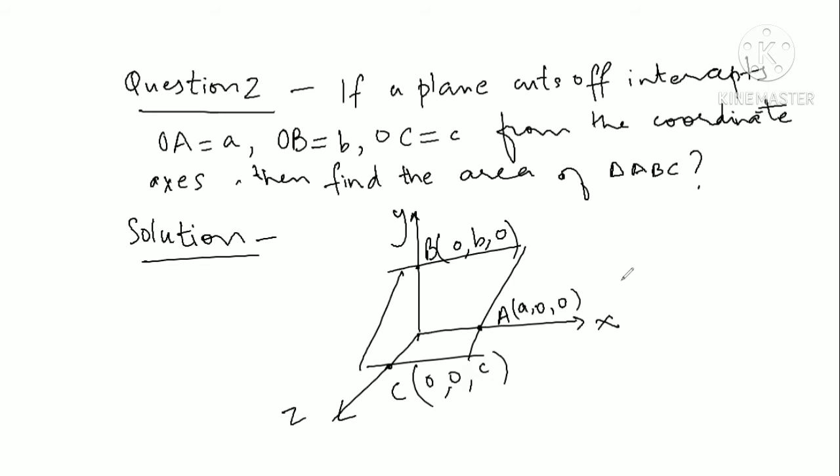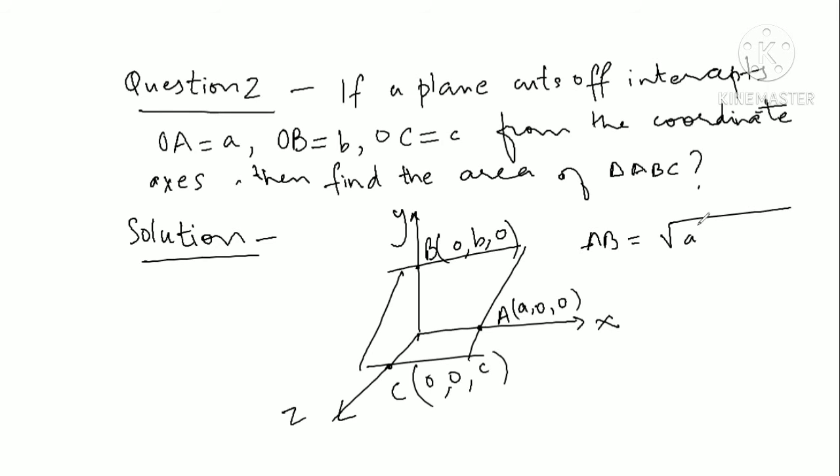So we have to find the area of triangle ABC. First of all, we can find the length of AB using distance formula.